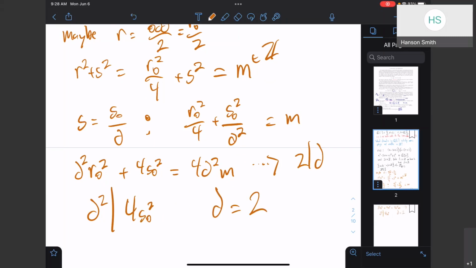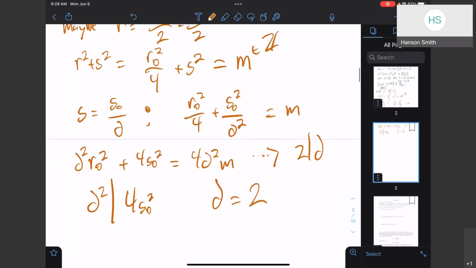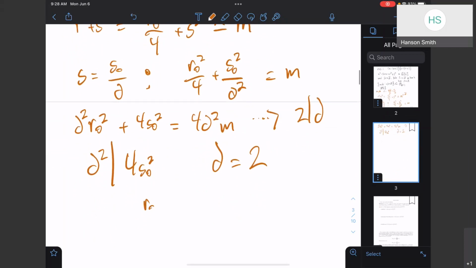And then the whole thing, we end up with r naught squared plus s naught squared over 4. And I need that to be in the integers, right? So I need 4 to divide s naught squared plus r naught squared.